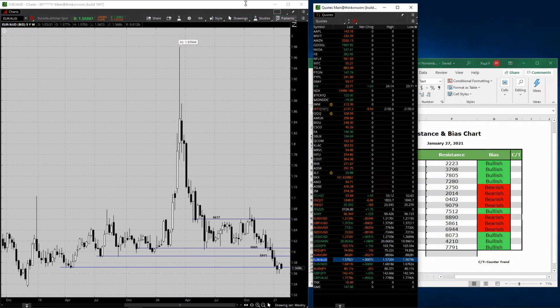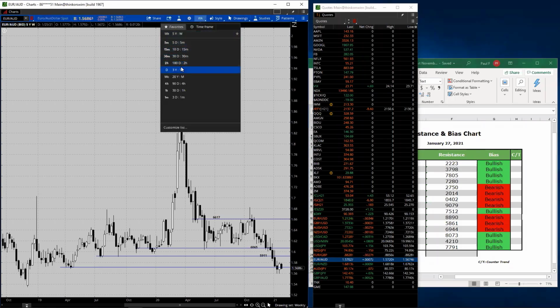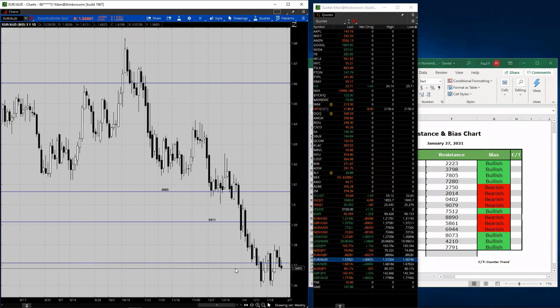The euro is just basically stuck in the mud here. It's open to a little bit of a pullback, just in that potential euro weakness.